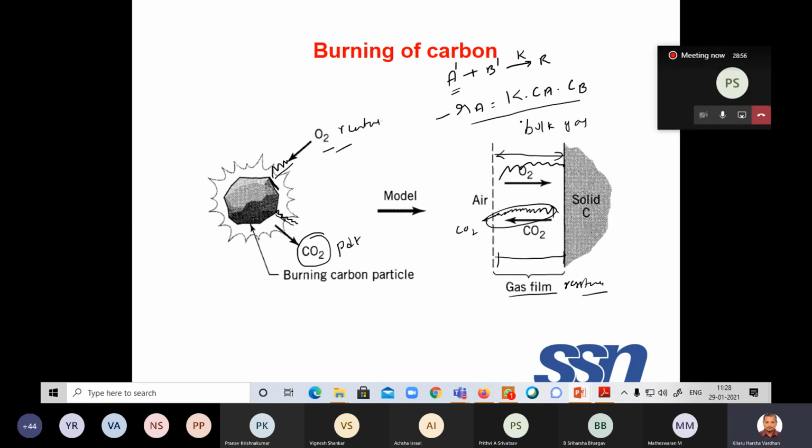But here you cannot write like that, because what k would you write? There will be a resistance here, a resistance here, and a resistance here.